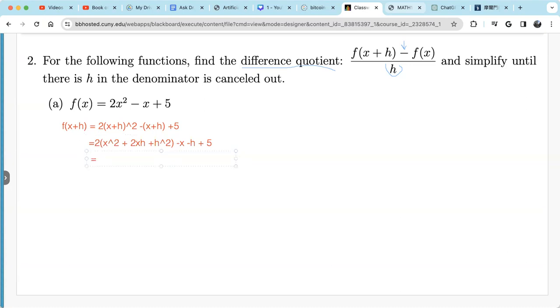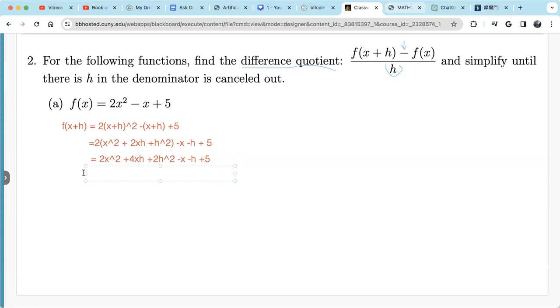Now we distribute 2 into the 3 terms. We have 2x squared plus 4xh plus 2h squared. Then minus x minus h and plus 5.